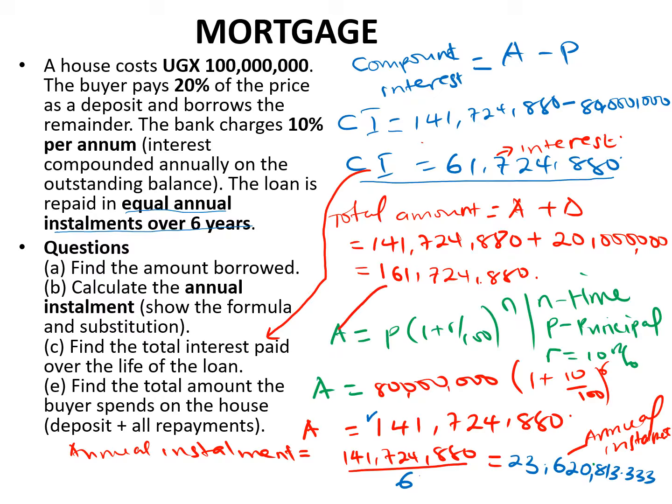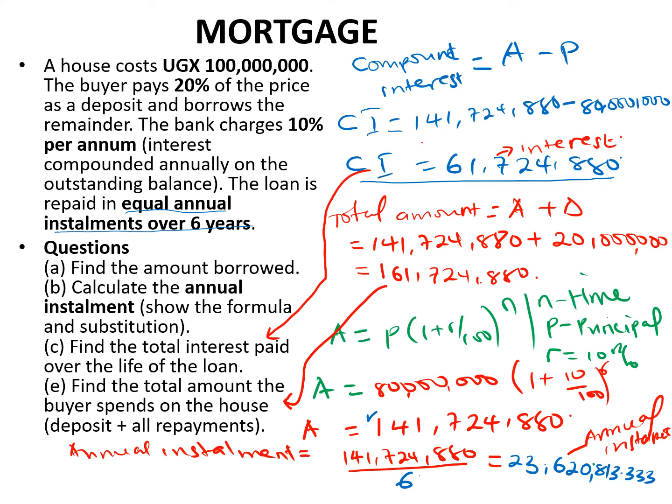So this will be the total amount that one will pay from the start, including the deposit, to the end of 6 years. So that is all about mortgage.